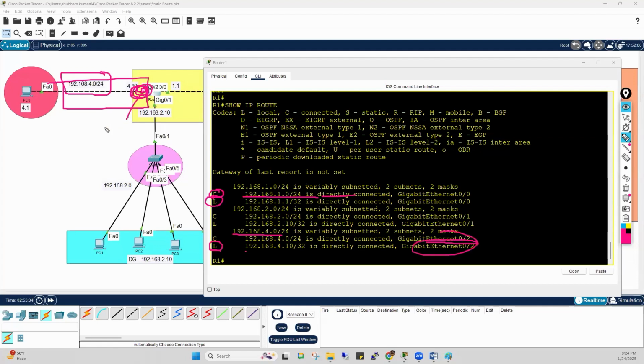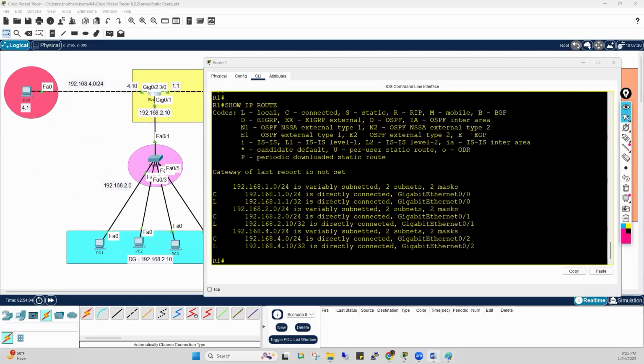I already told you, on the interface we are not assigning the network ID, we are assigning the IP address, right? So on this interface we assign 192.168.4.10. That's the reason L means locally configured: 192.168.4.10/32. Clear? Understand? So this is the difference between C and L.